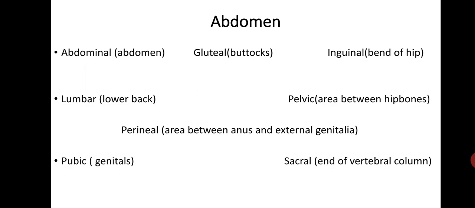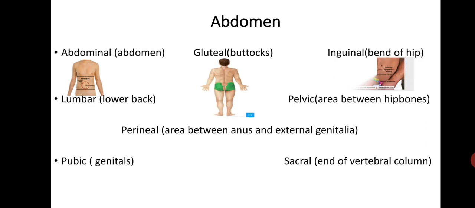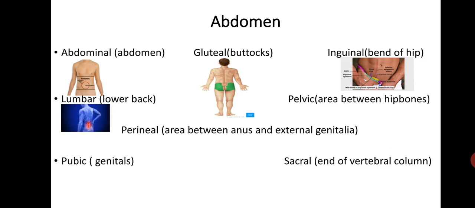Next is the abdomen. It extends from the lower ribs to the pelvic girdle. Abdominal is the abdomen. Gluteal, the buttocks. Inguinal, the groin area of the hip. Lumbar, your lower back.